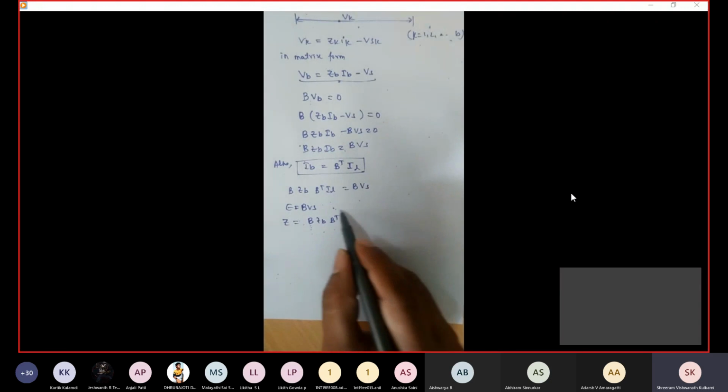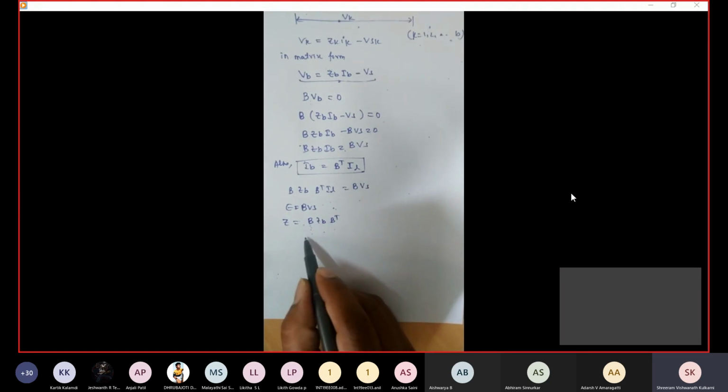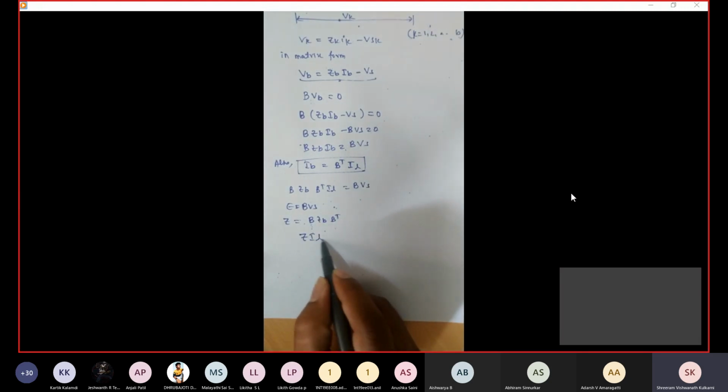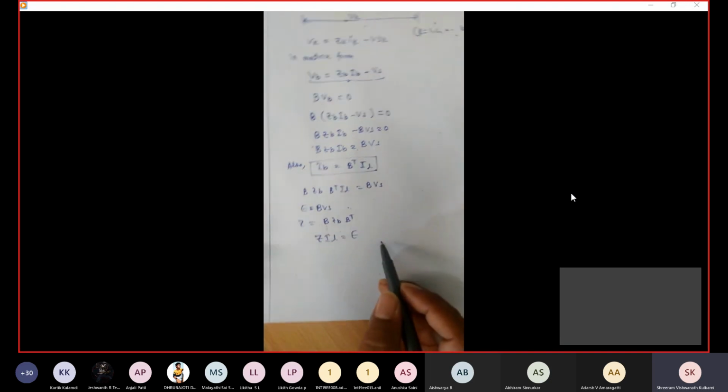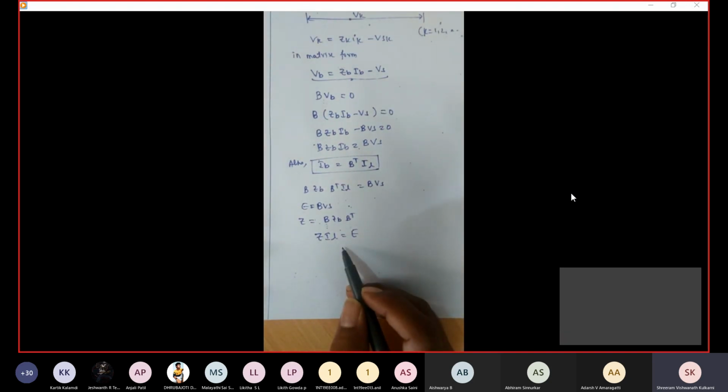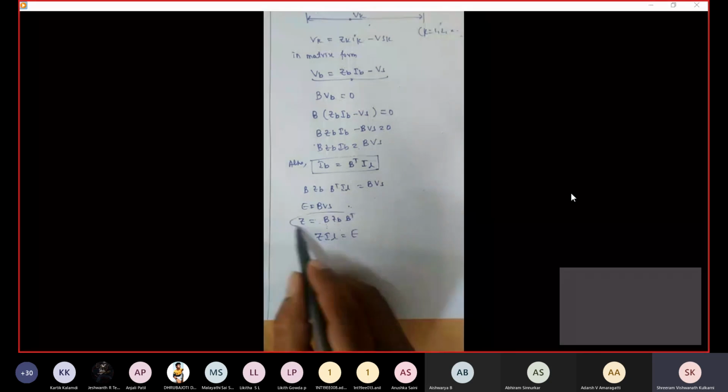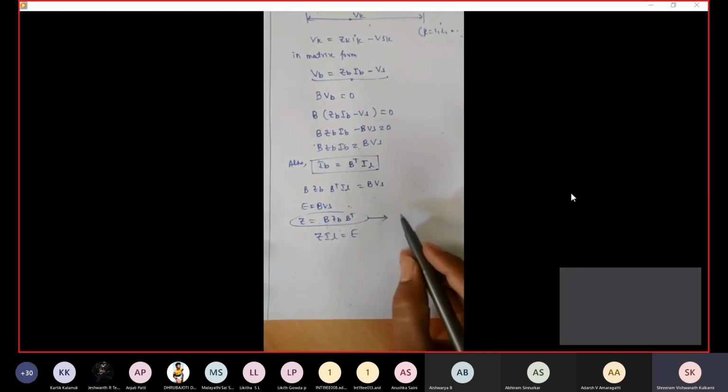Then I can write Z IL equals to E. Now this Z is called the loop impedance matrix.